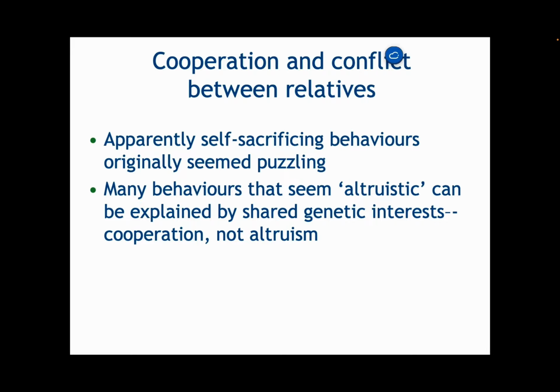Providing the help to a relative increases your inclusive fitness. And so it's no longer a case of altruism. Instead, helpful behaviors that are directed towards relatives can be thought of as cooperation, something that increases the fitness of both parties, not as true altruism.